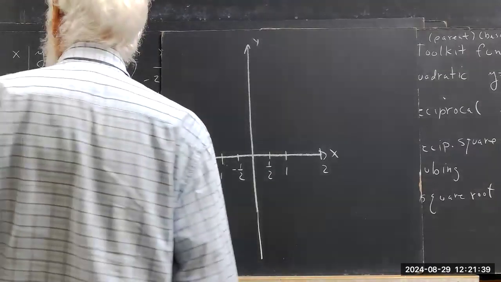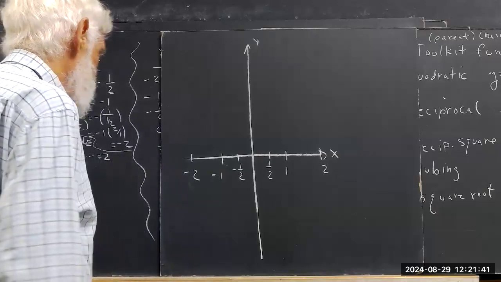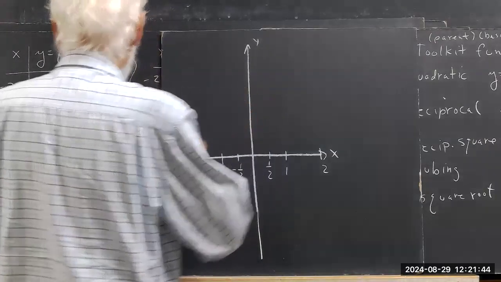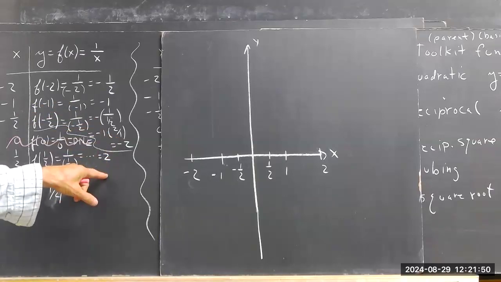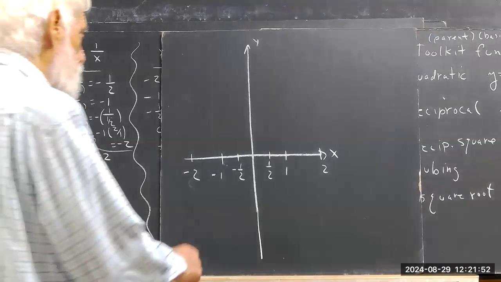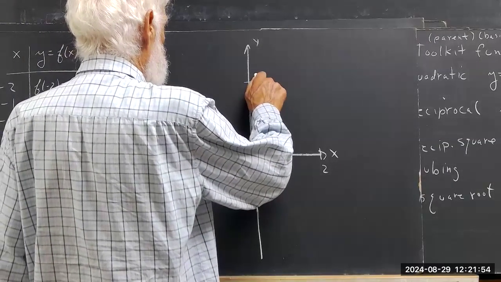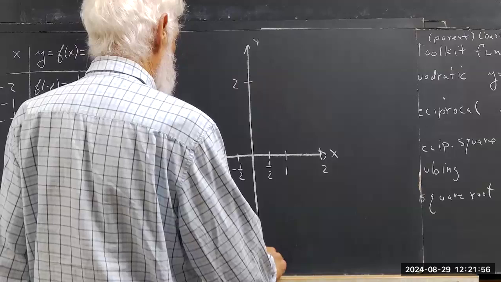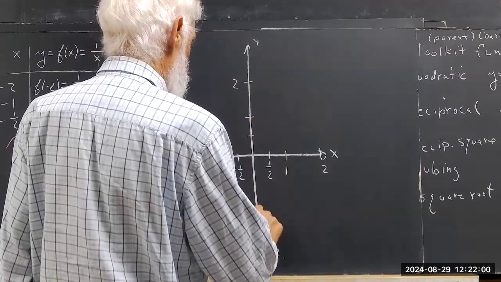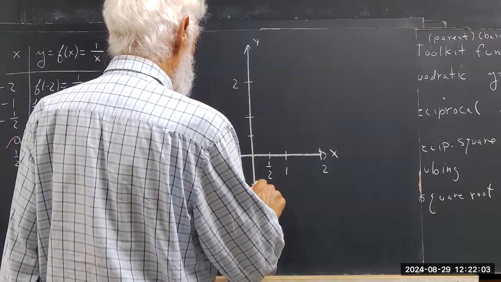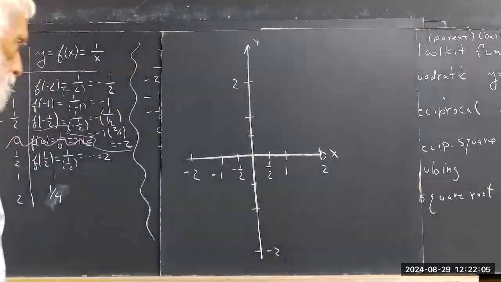Okay, so we make a graph. Now, it's late, so I'm going to go quickly. I see that my range, my y values, go from -2 to 2. So my y value here is 2. My y value down here is -2. So here's 1 and here's 1/2. I'm not going to take time to label them, but it's going to look like that.